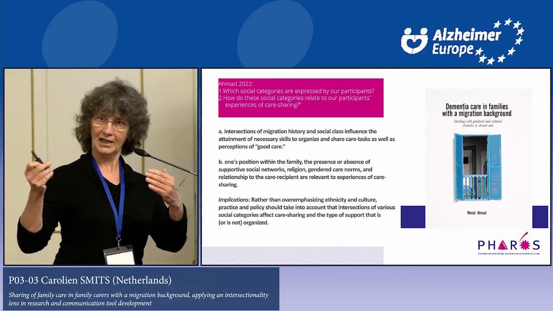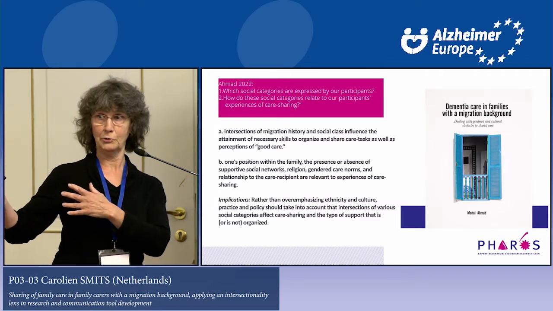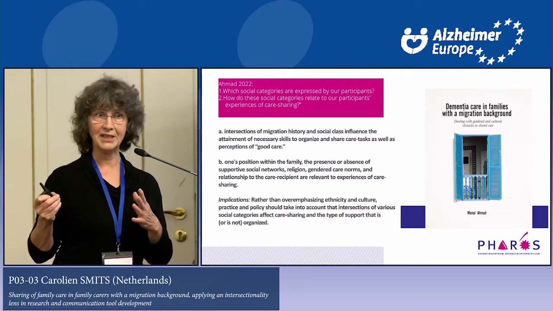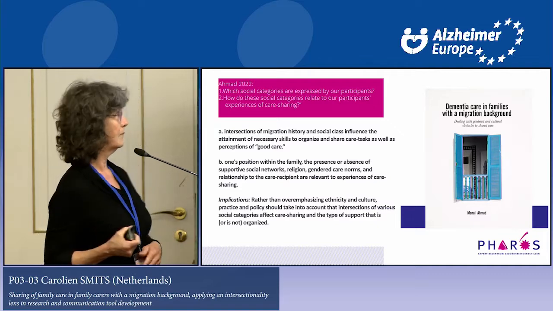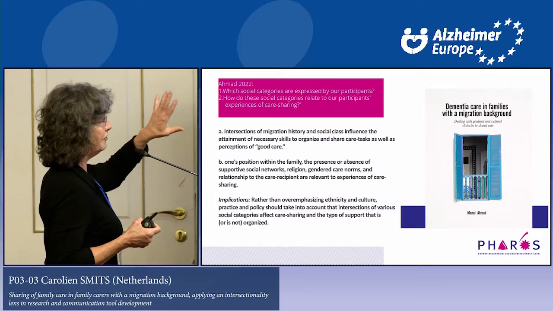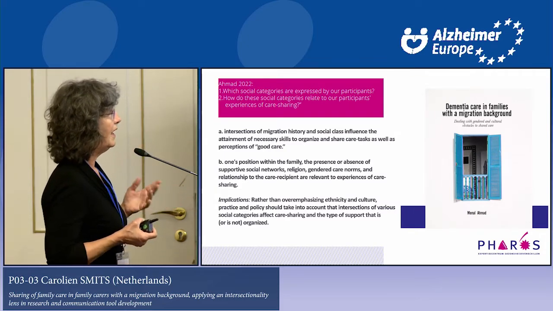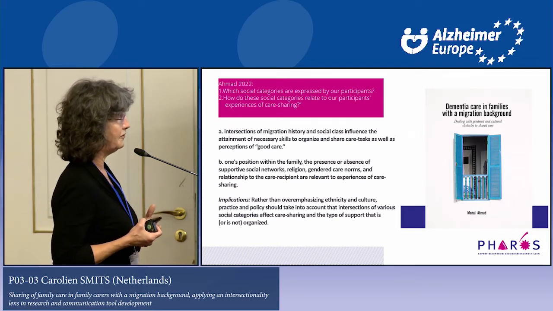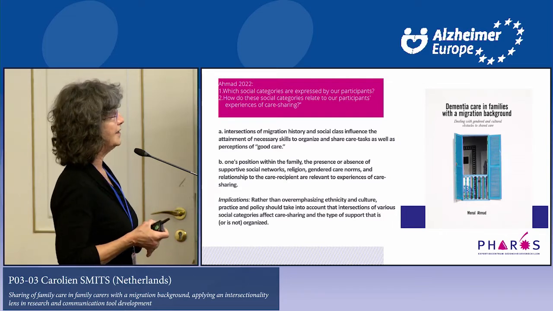So these are examples of how migration and gender are not decisive categories when it comes to actual experiences and sharing of care. So the implication of this research part is, rather than overemphasizing ethnicity and culture, practice and policy should take into account that intersections of various social categories affect care sharing and the type of support that is or is not organized.